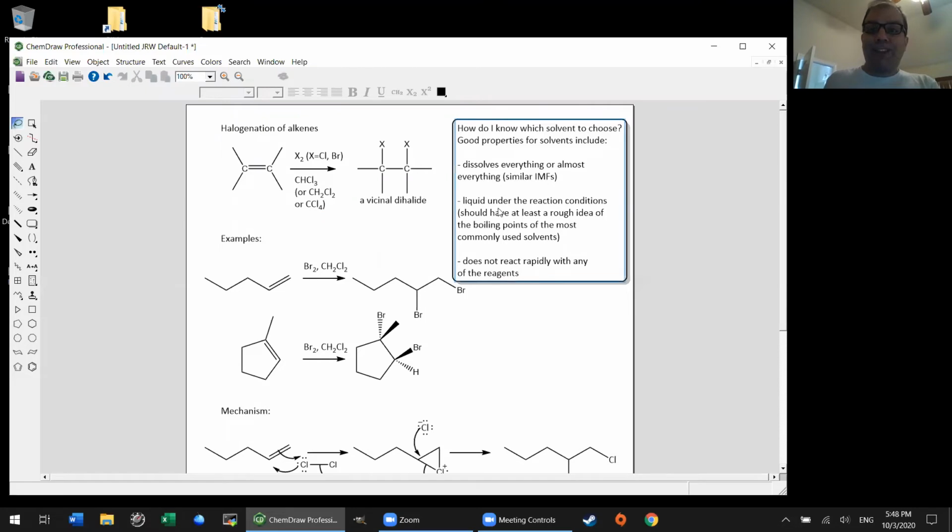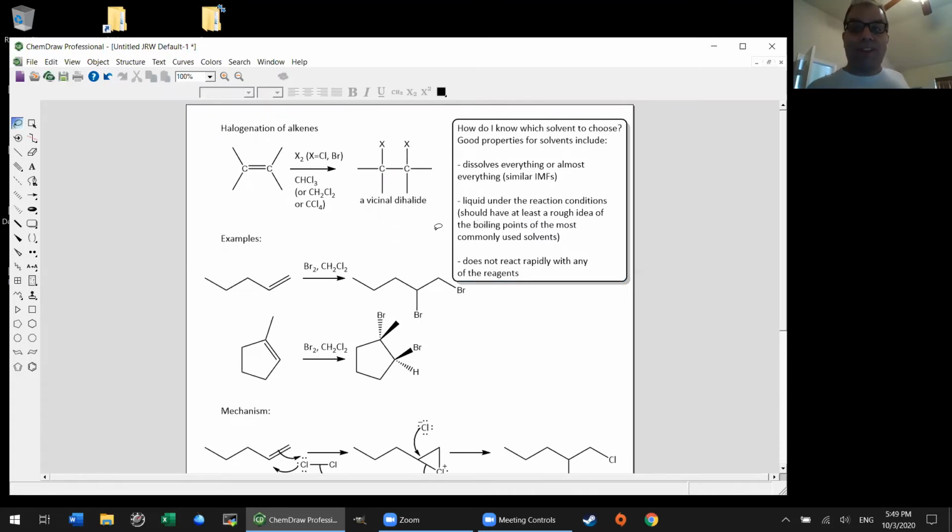Another thing that's usually desirable for our solvents is we want them to be a liquid under the reaction conditions. So this means you will need to know at least a rough idea of the boiling points of the most commonly used solvents. And you'll also need to know room temperature, since a lot of reactions are at room temperature, not all, but a lot of them are.